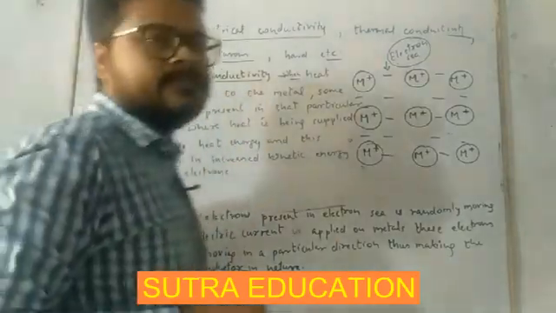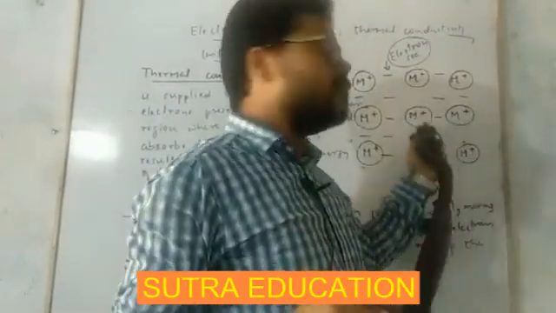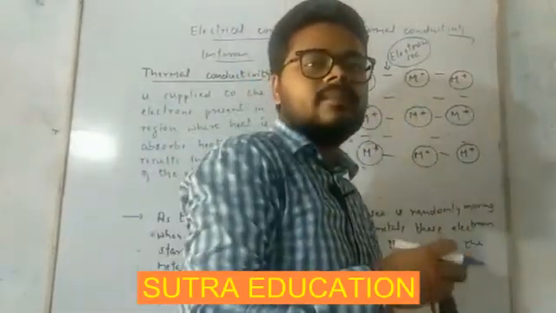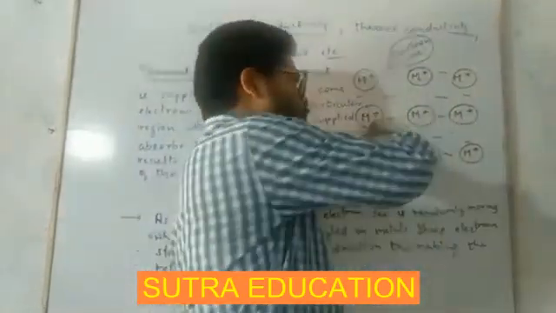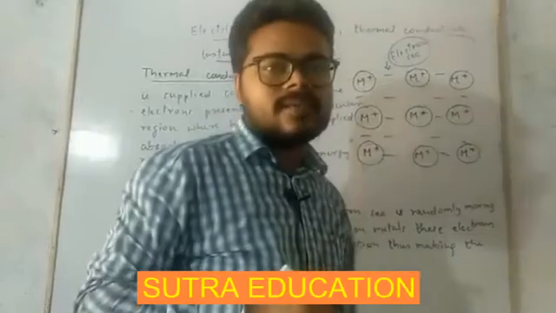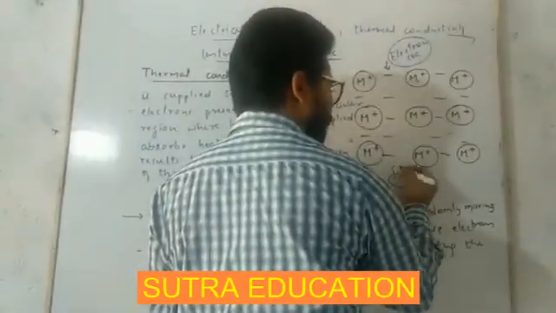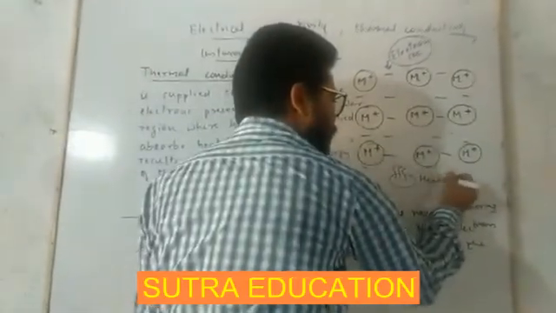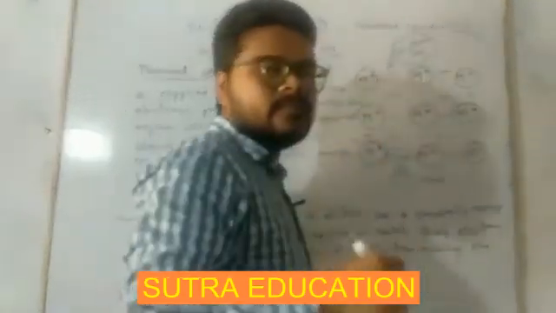Means what? Suppose we are heating this metal. In this metal, atoms are bound through metallic bond, means kernels are present there and electron sea is present there. Suppose we started heating this region, then what will happen? This heat will be absorbed by these electrons.